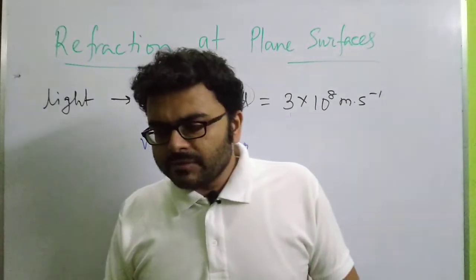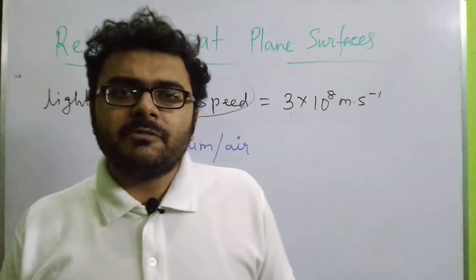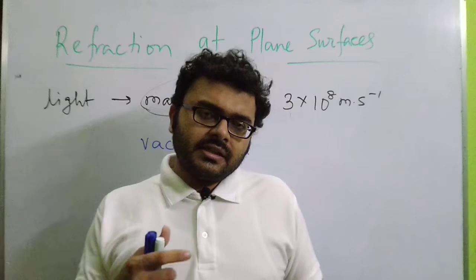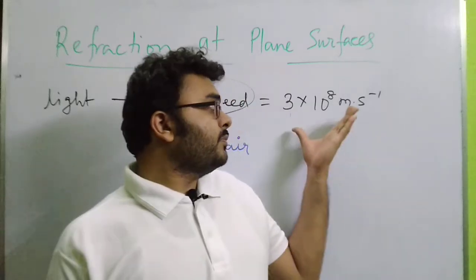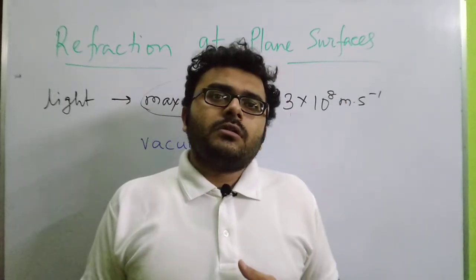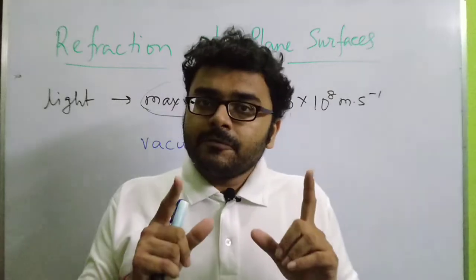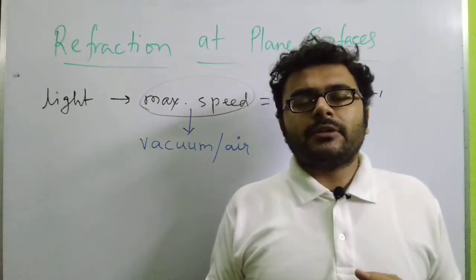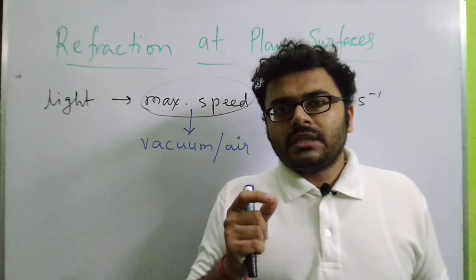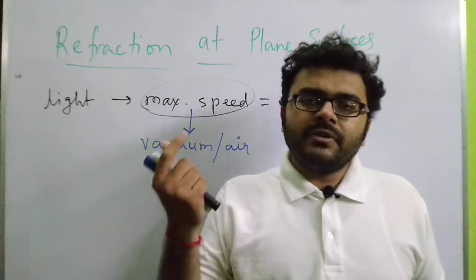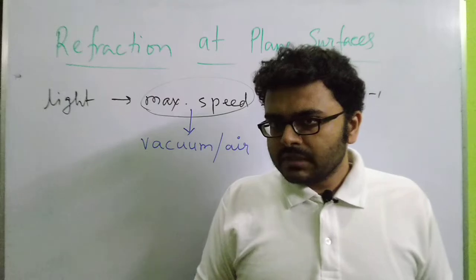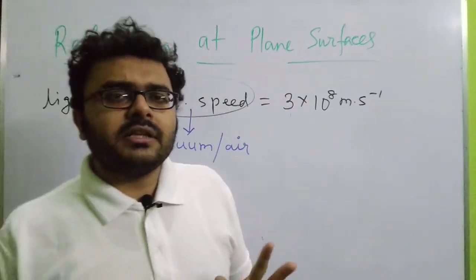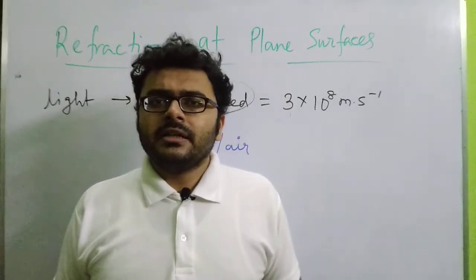So when light travels from one transparent medium to another transparent medium, as the speed of the light changes, either increases or decreases, but it will not be more than this value, the path of the light will change. That is, the path along which the light was traveling, the light will get deviated or bent away from that path. Basically, this phenomenon that is happening can be regarded as refraction.